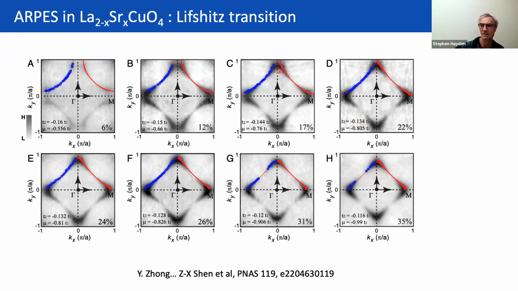You can see in their data a transition where this point necks off and gives you a Fermi surface centered on gamma at about 0.21, I think it is. So this is slightly below the composition that we're going to be looking at now.